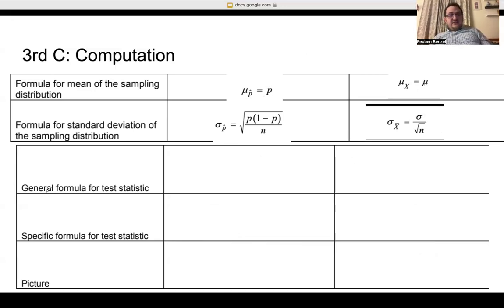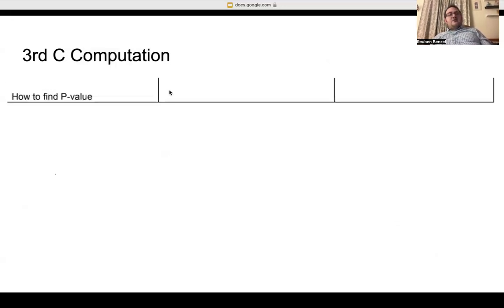One last thing that you want to do is actually get a p-value. So how you find a p-value for the proportion problems is you're going to look up your z-score.